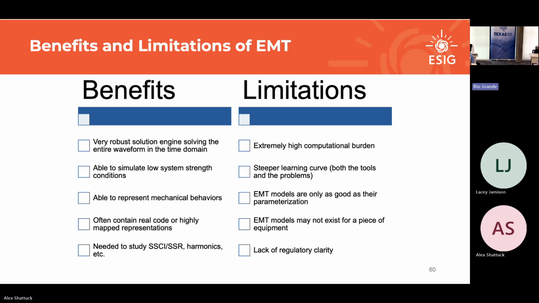I don't even know really the inside of this equipment. I may probably have a PSPD model I can benchmark against, but that's it. Huge limitation, right? You've already kind of removed the usefulness of EMT at that point. You're already guessing about the whole parameterization, so you're kind of losing the use case of EMT.